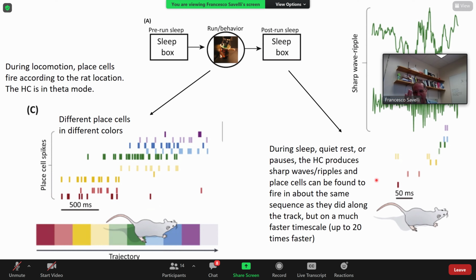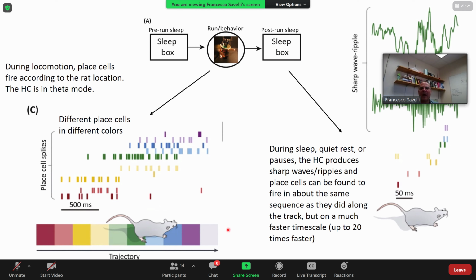It's not perfect, and it doesn't happen all the time, but more often than not, with a certain statistical significance, you have a prevalence of these ripples that you see in the EEG, the low-pass filtered signal. When you look at what the cells are doing, spike by spike, you'll see that they fire in the same order that they fire on the trajectory.